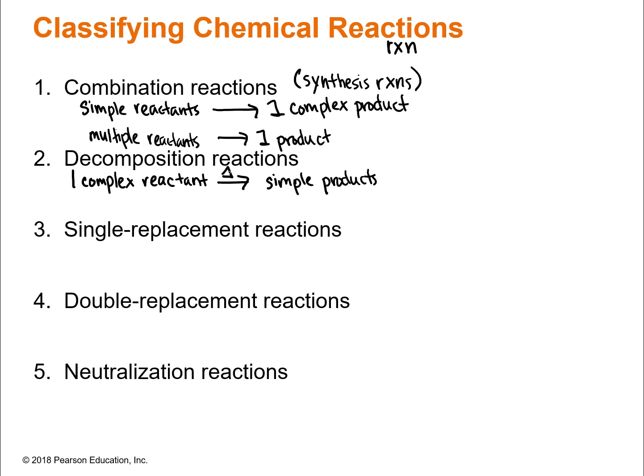This will usually require heat, as will the combination reactions, but it's not a necessity. So if you don't see the heat there, it doesn't mean it isn't combination or decomposition. It's just not listed. But again, for the decomposition, you've got one reactant, multiple products.